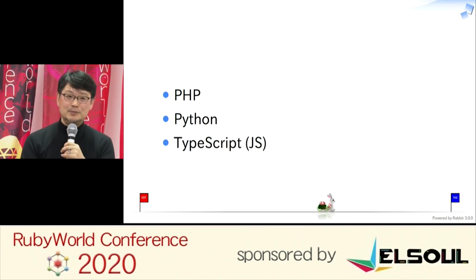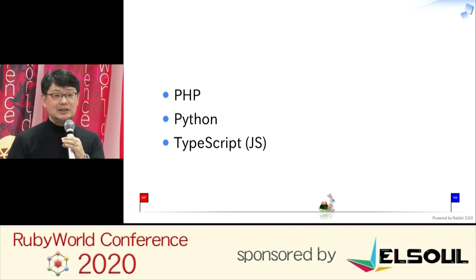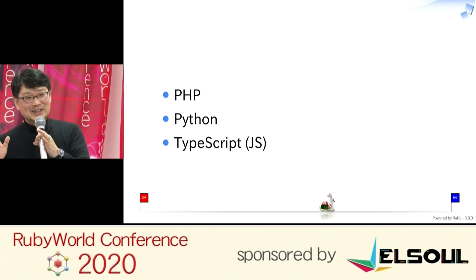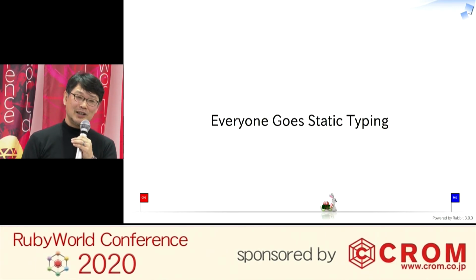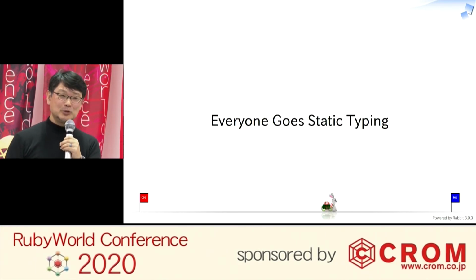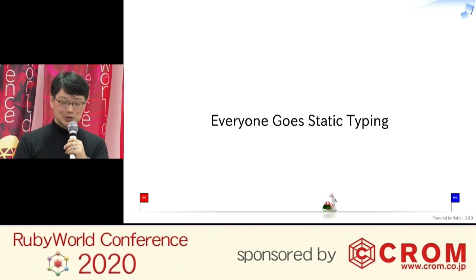On the other hand, conventional languages like PHP, Python, and JavaScript have added static typing declarations so that they can look like the popular languages. So many of the modern, popular languages go static typing to some extent.